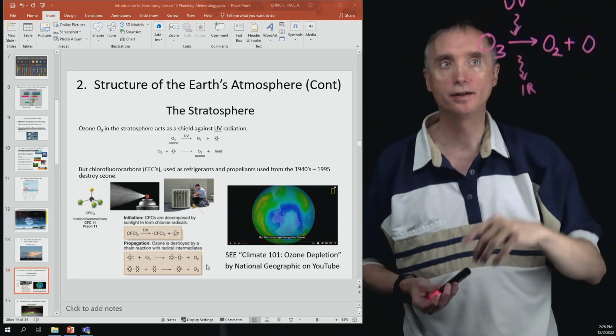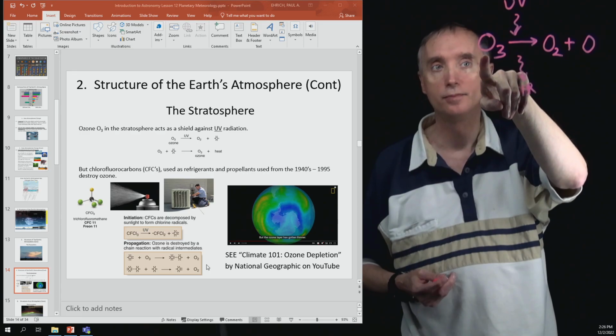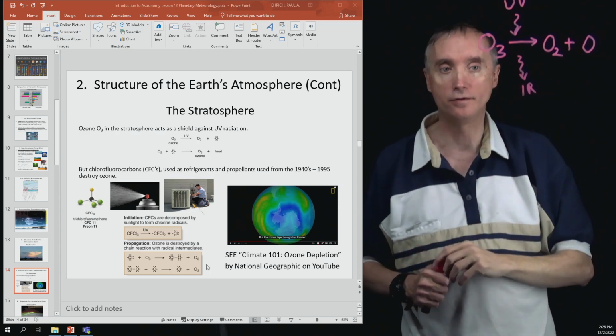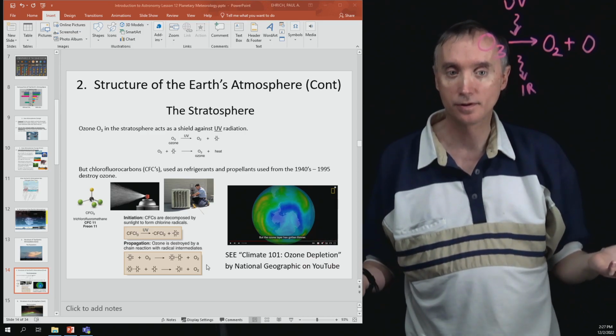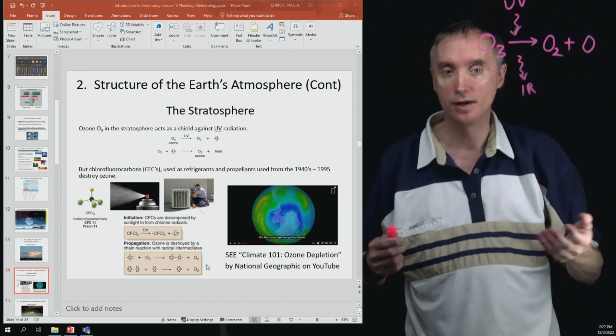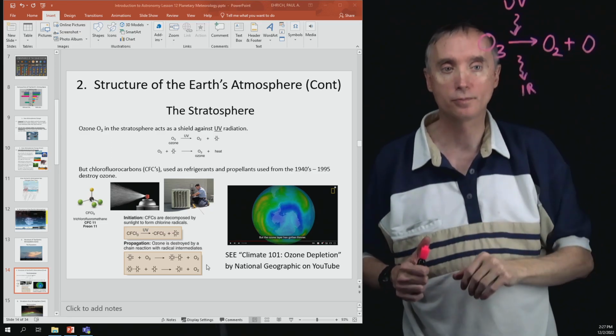So ultraviolet light went in to break apart the ozone, but when the ozone reforms, infrared light is given off. Now, infrared light's not going to hurt us. That's heat. Ultraviolet would, because ultraviolet would make skin cancers and cataracts.